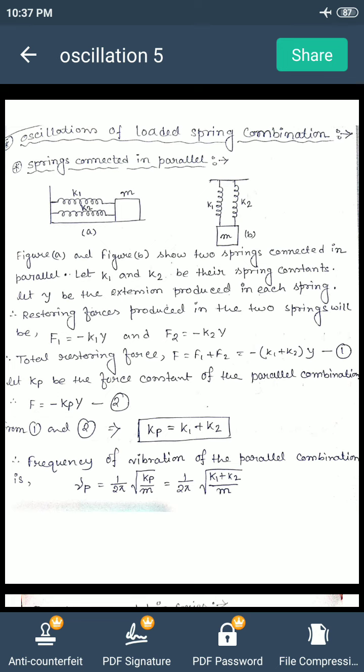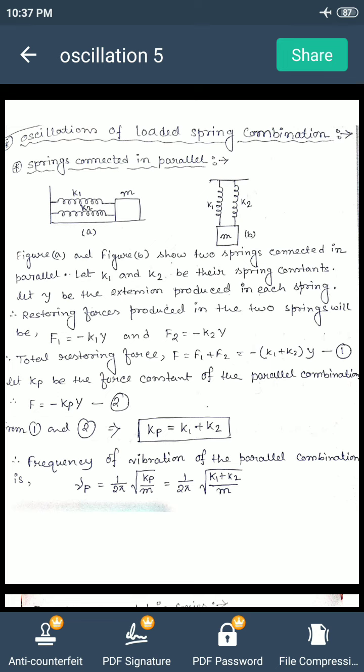So in parallel combination, whatever extension is produced, it will be the same for both springs. So the total restoring force F equals F1 plus F2. If we put in the values of F1 and F2, we get equation number 1.